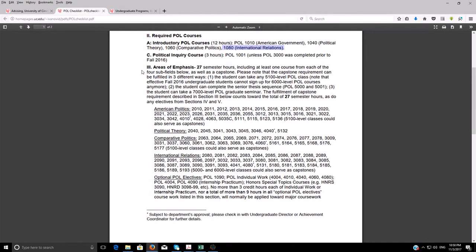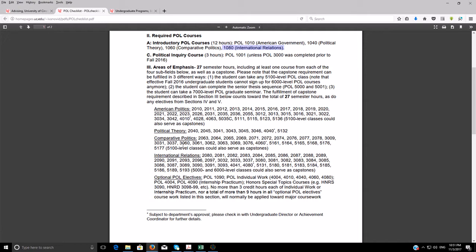Similarly, the area of emphasis includes 27 credit hours. This is 9 semester-long courses in the same 4 major subfields. Students are required to complete at least one class in each of these 4 subfields: American politics, political theory, comparative politics, and international relations.